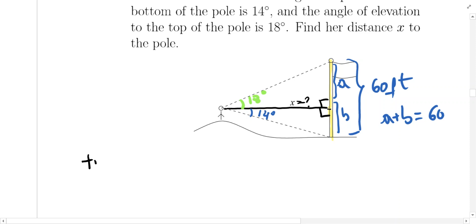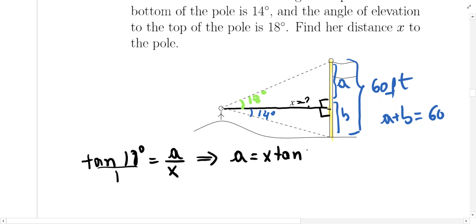I have tangent of 18 degrees equals opposite, which is A, over adjacent, which is X. So I'm solving for A. I cross multiply: A equals X times tangent of 18 degrees.